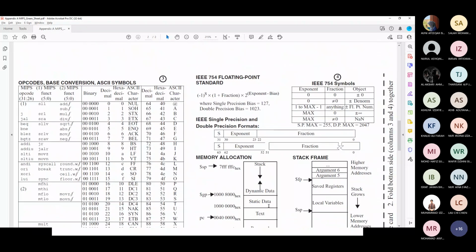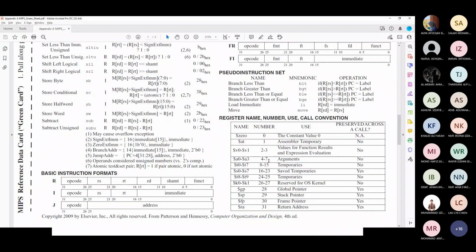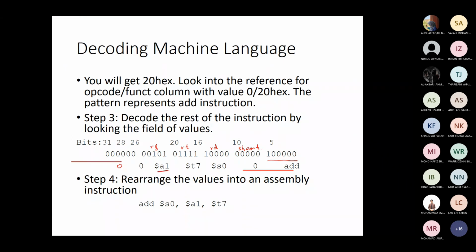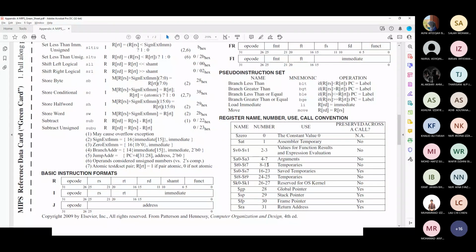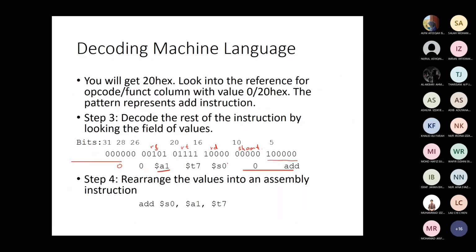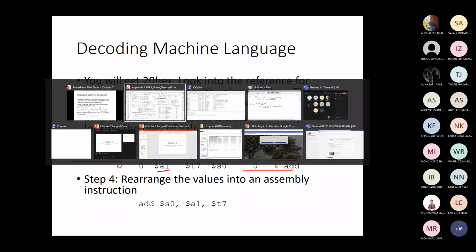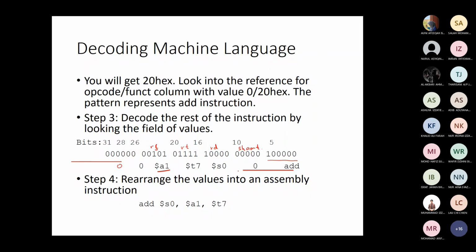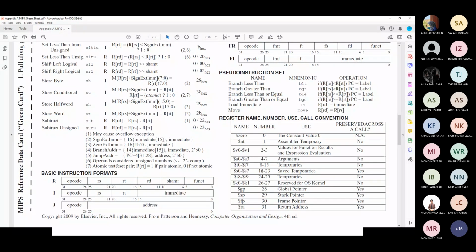Here it says 5 is A1, and then 1111, which is 15. 15 is T7, and then 1000 is 16. 16 is S0. So I'll just look into the value here.